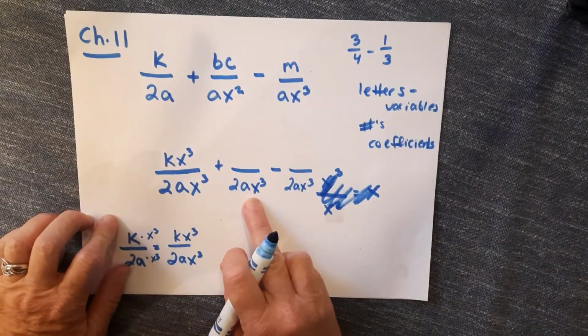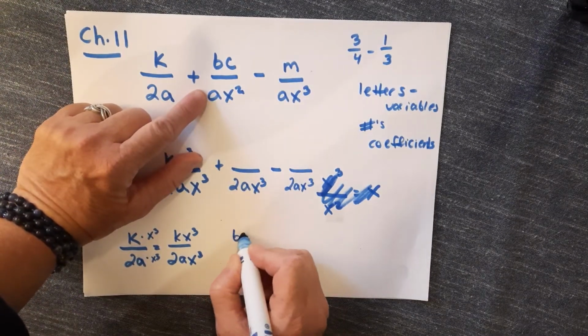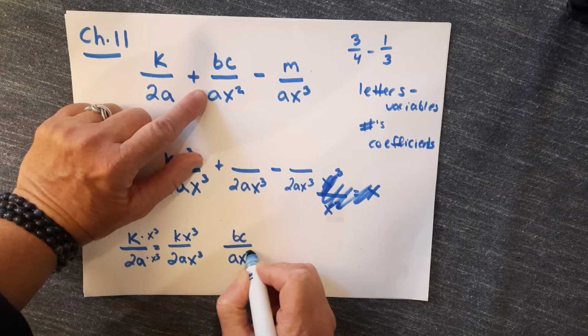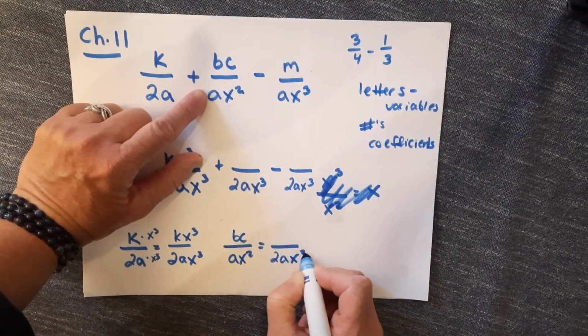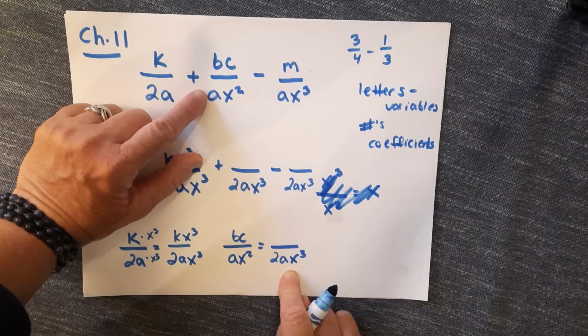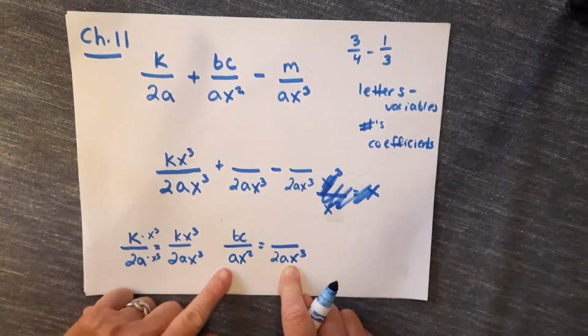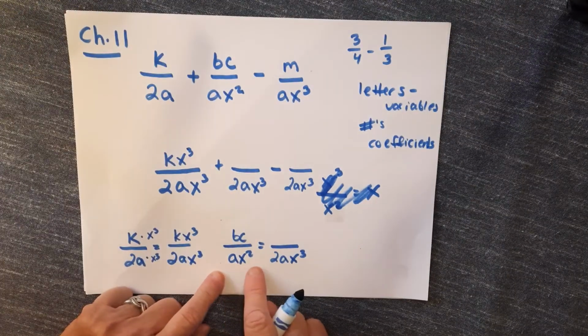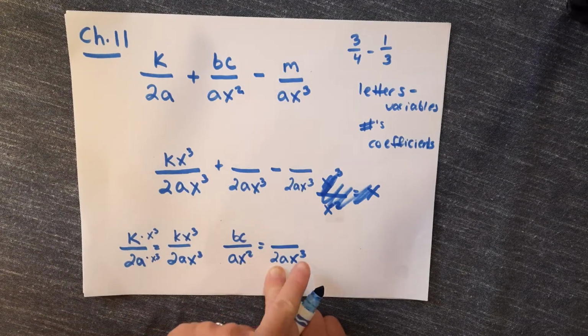Now we're going to do the same thing with this one. We want to change bc over ax squared into a fraction that has 2ax cubed as its denominator. So we're going to look and see, what did we multiply this by to get this? Well, we need to multiply this by 2 to get this 2, and then this x squared, we need one more x.